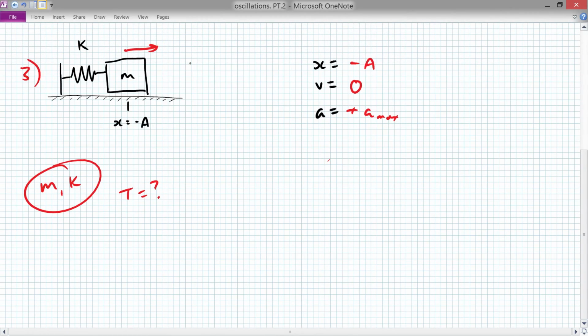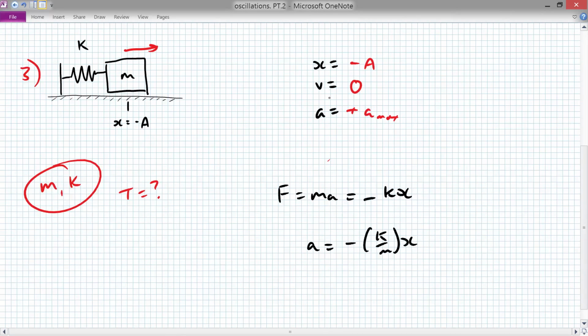If you remember, our equation of motion comes from F equals ma. It's in motion, there is a force and therefore an acceleration, and the force is equal to Hooke's law, minus kx. So we said that A was equal to minus k over m x.